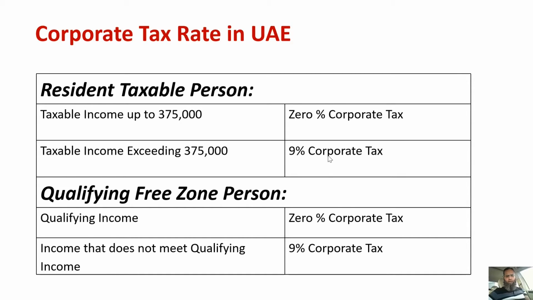If you are in the second category, that is qualifying free zone person, then the qualifying income will be chargeable to tax at 0%, and the income that does not meet the qualifying income specification will be chargeable to tax at the rate of 9%.